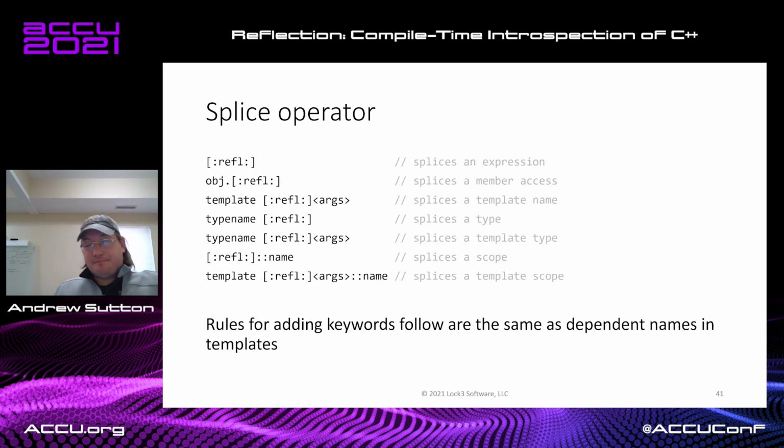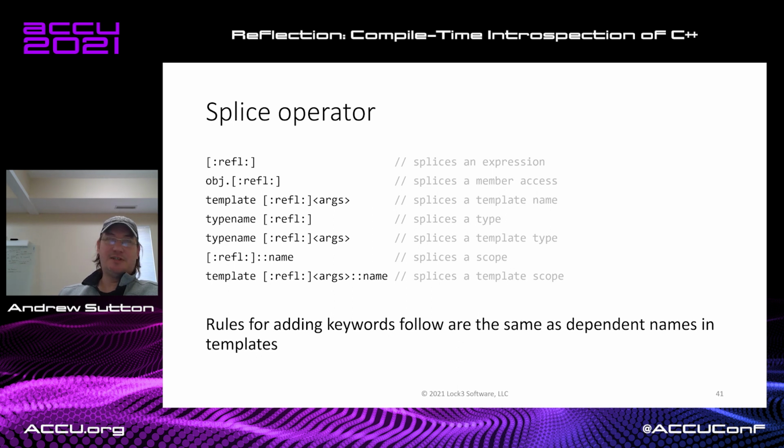So the splice operator has a bunch of different variations. If you don't have anything in front of it, without qualification, a splice by itself is considered to be an expression. We also allow splices to appear after a dot or an arrow, which is a spliced member access expression, which you're going to see a fair amount of in this talk.